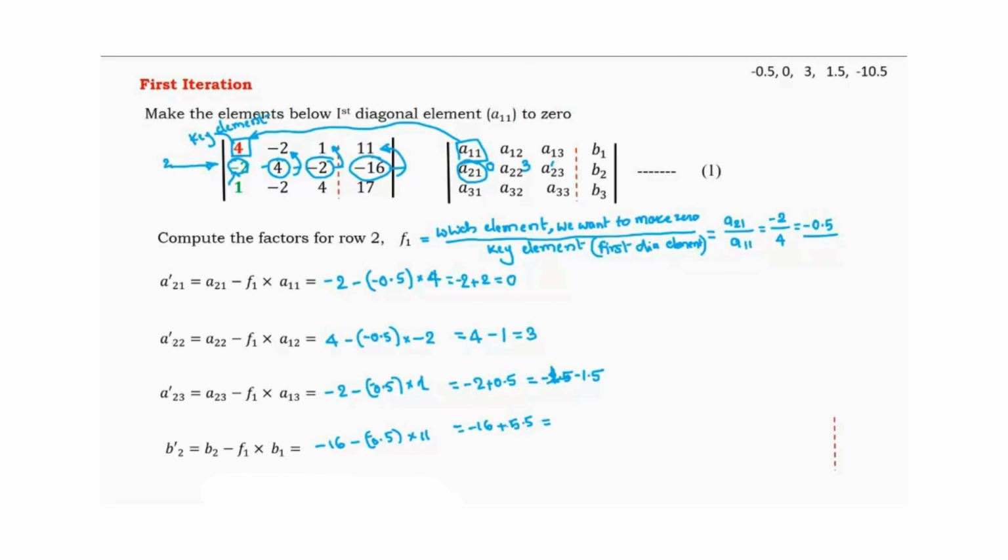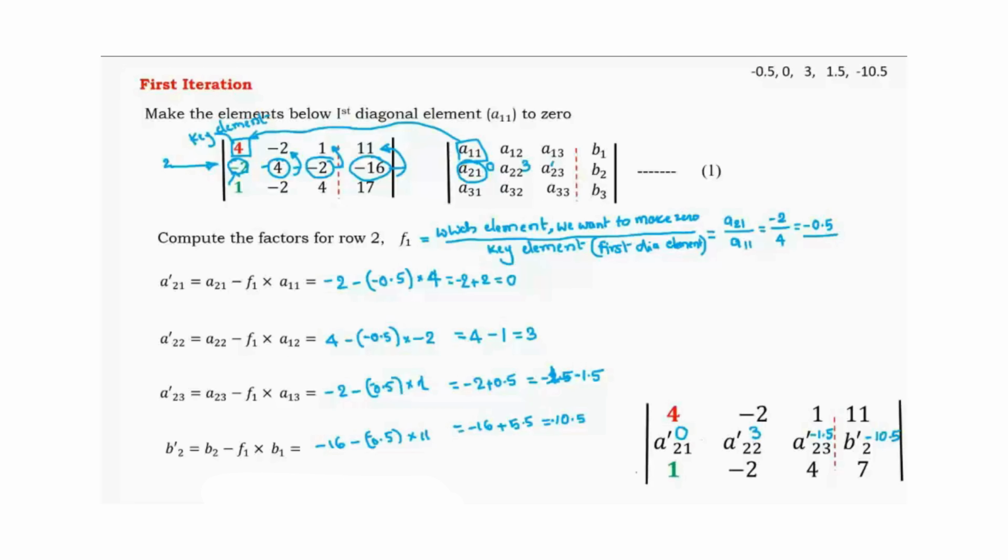So this is equal to minus 10.5. Likewise, we have computed all the values for the new row. So I will represent that here. Now you substitute these values in this matrix. Its value is 0, and it is 3, and this is minus 1.5, and here it is minus 10.5. So now we have modified this entire row.